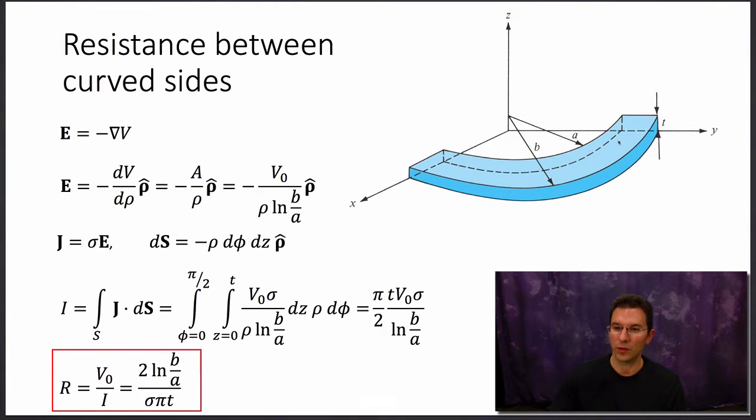It's a vertical, curved surface like this, and you see that the ds differential surface area is pointed in the minus rho direction.